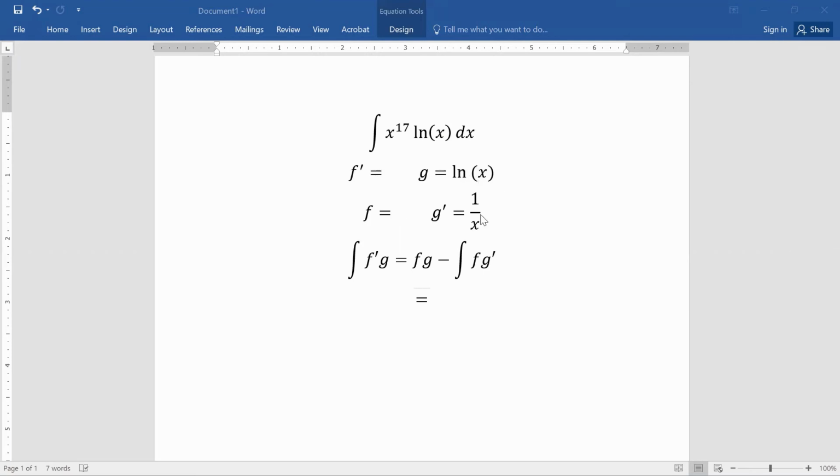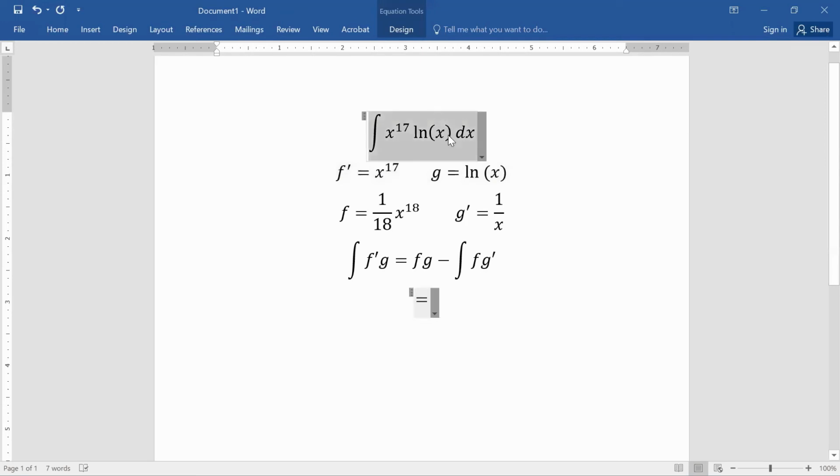So we set g to be natural log. That way the g prime is 1 over x. That's going to force the f prime to be x to the 17th. If I take an antiderivative of that, I get 1 over 18 x to the 18th power.